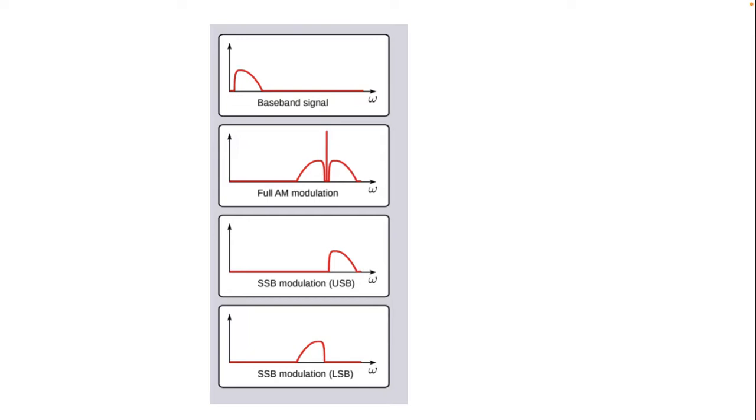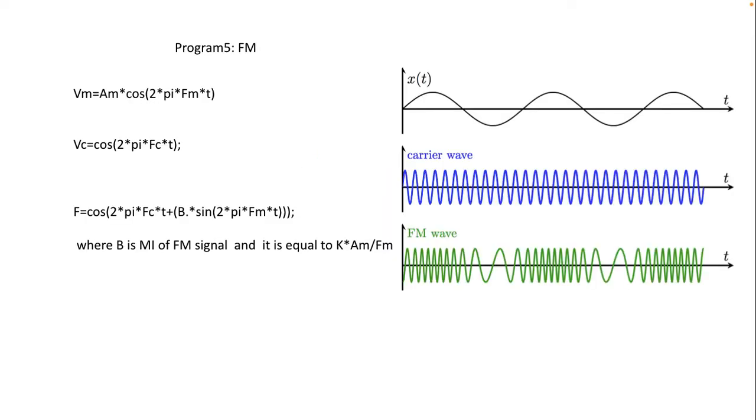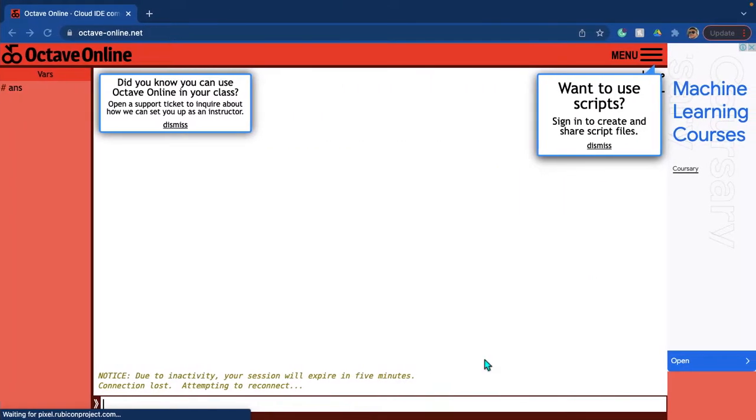Let's go to Octave and use the code to produce the single sideband. My time is taken from 0 to 1 second with an interval of 0.001.